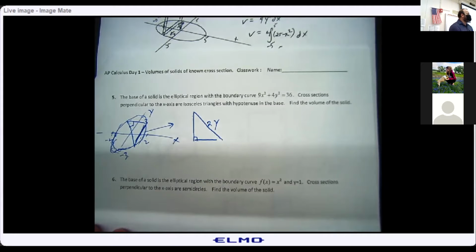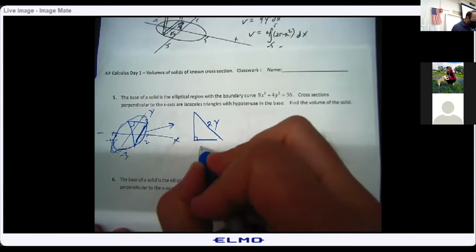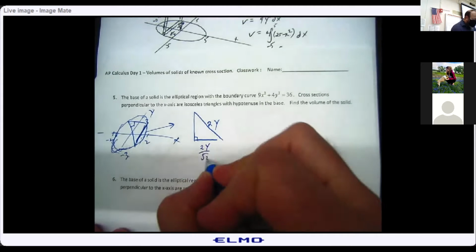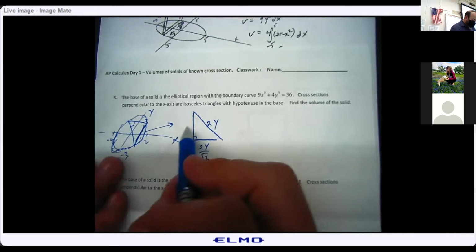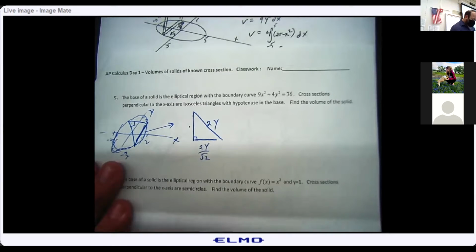We're doing a lot of special right triangles today. Square root of 2, yeah. We're going to do 2y divided by root 2, aren't we? Whatever the hypotenuse is, divided by root 2 is how you get the sides of a 45, 45, 90. What's that make this guy right here? The same thing.